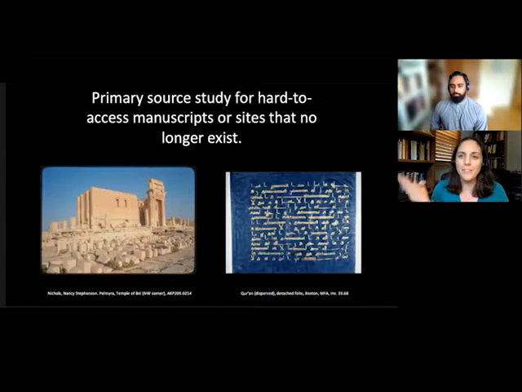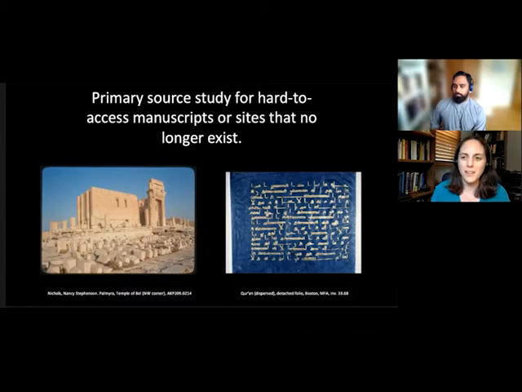Obviously it's better to see these things in person if possible. Anything you're studying, it's good to see it in the flesh, if you will. But digital image collections at museums and libraries allow for close study of objects without the danger or difficulty or impossibility of having to go to where they live.